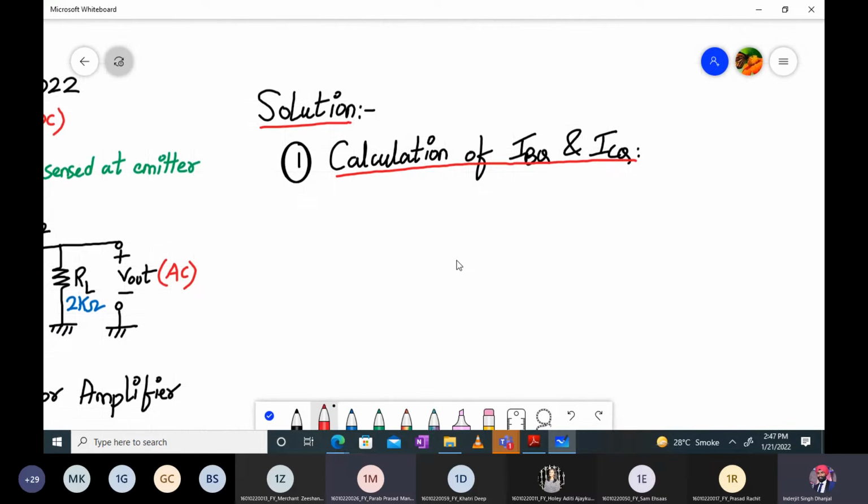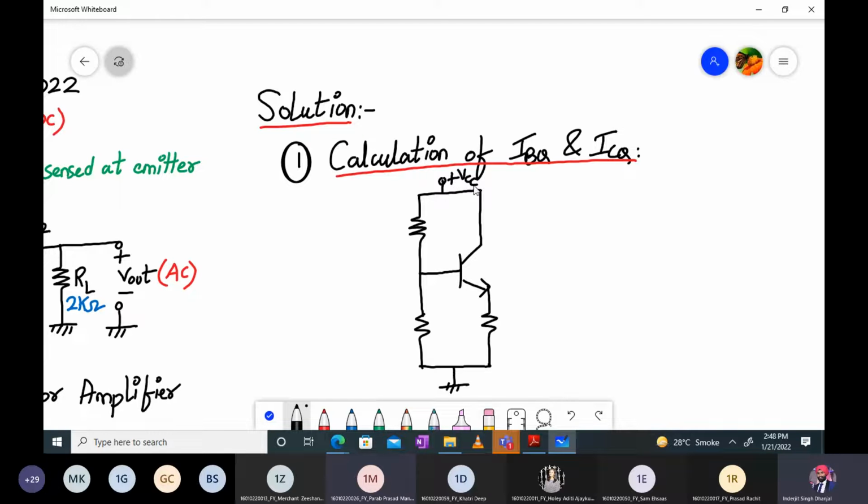What will you do? You have to draw the DC equivalent circuit, right? So how will the DC equivalent circuit look like? Without the capacitors. This is your VCC.